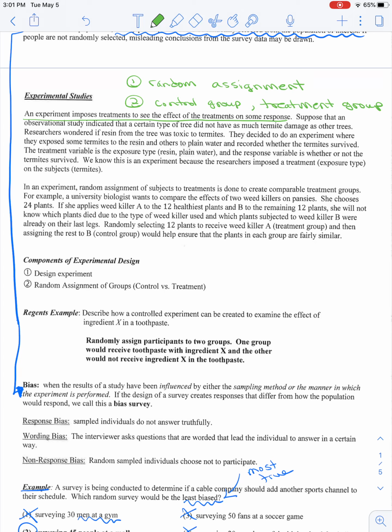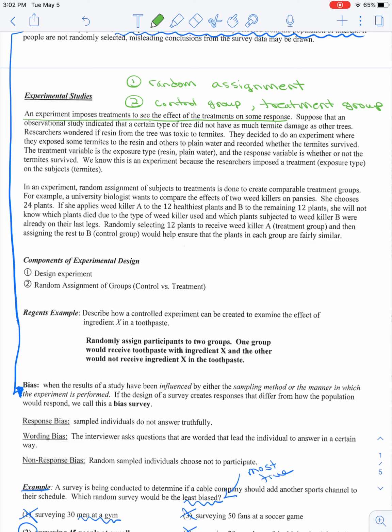In the treatment group, I'm putting weed killer A on my plants. And then after a certain amount of time, I'm going to measure my plants, see how healthy they are, how tall they are, whatever you're trying to focus your experiment on.